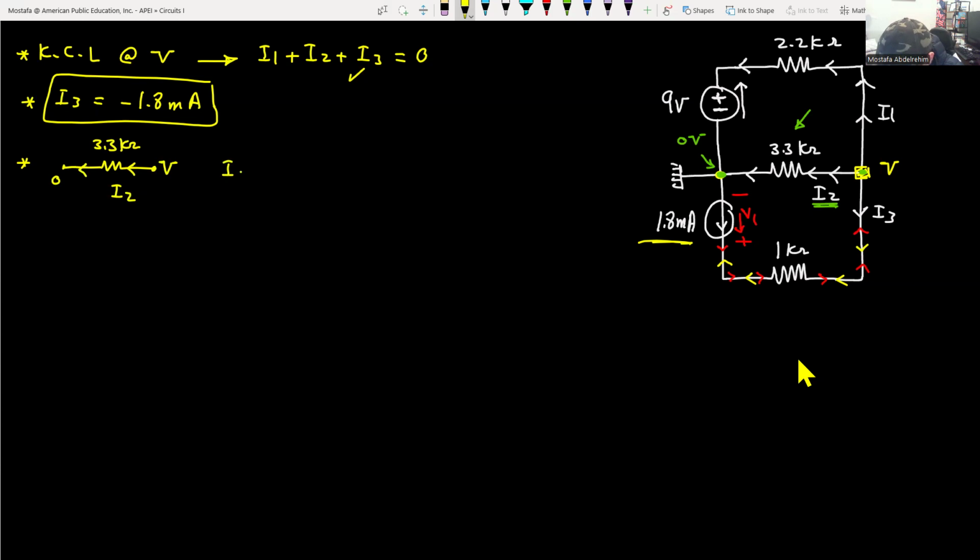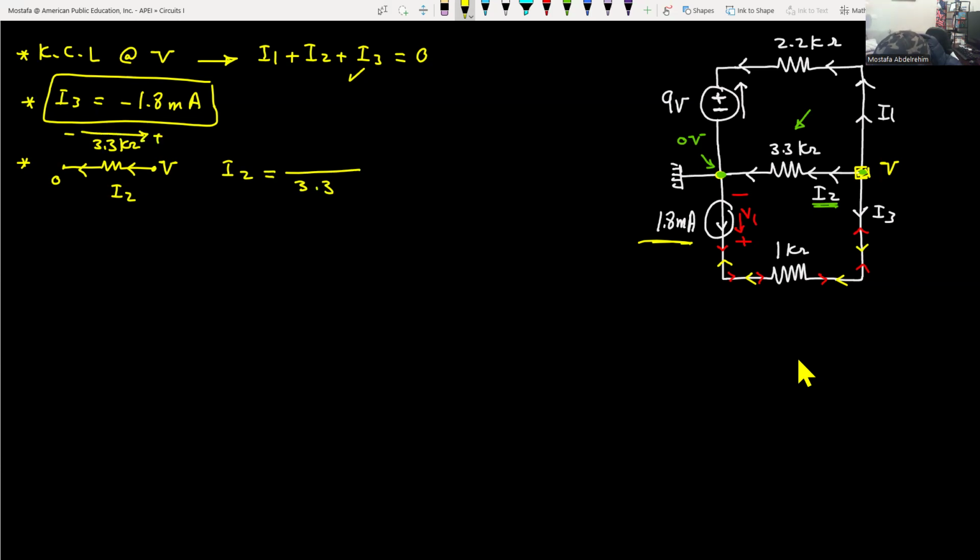So I2 is equal to the voltage across the resistor divided by the resistor value. The resistor value is 3.3 kilo ohms. Keep it in kilo, the current will be in milli. It's fine. Now, what is the voltage across the resistor? The voltage of the resistor is basically the voltage difference across its terminals. Okay? So the current is flowing in that way, so I'm going to assume the voltage is in that way.